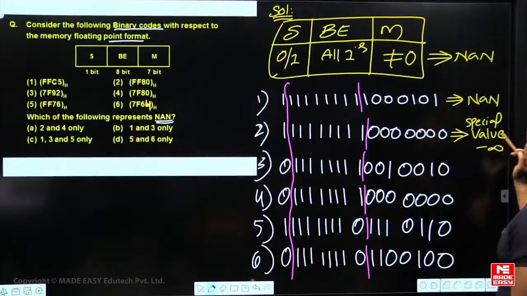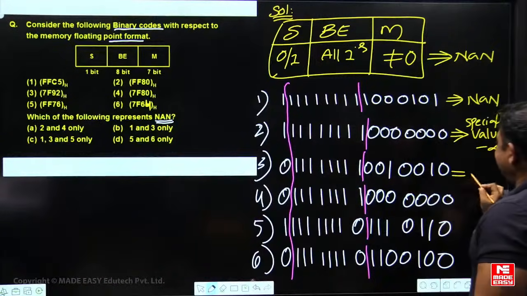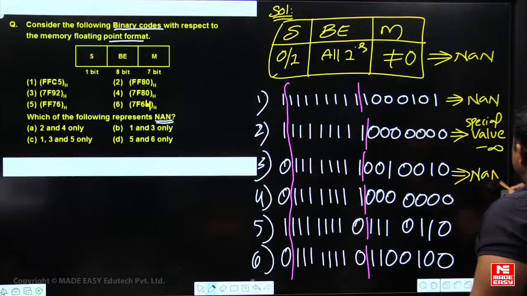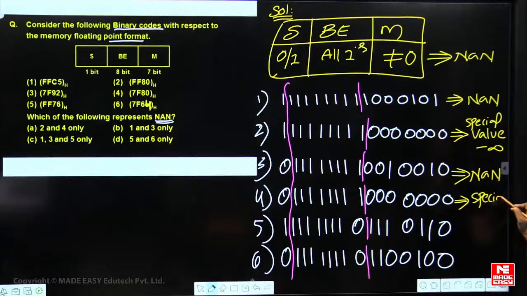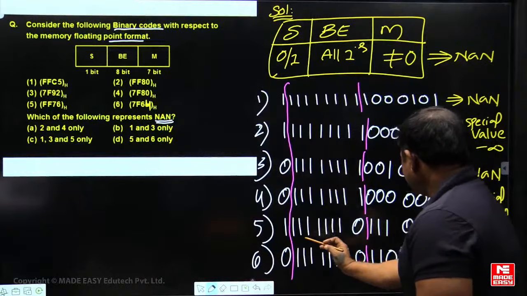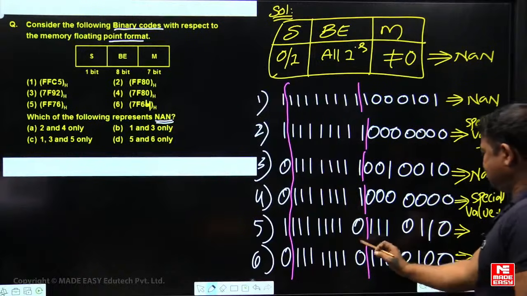Special value minus infinity. Then this is what is NaN. Next, this is special value plus infinity. Infinity. Okay. Then what about this? This is not a NaN. This is the normalized number.